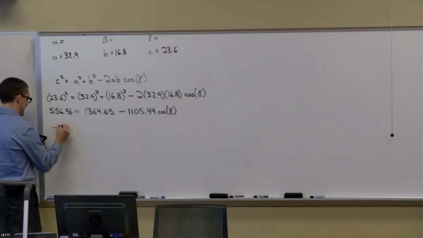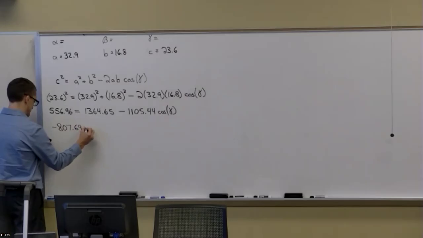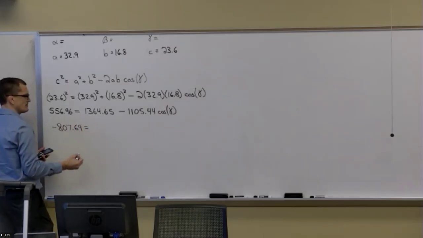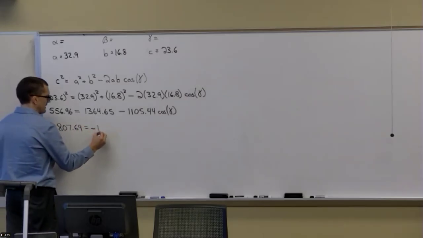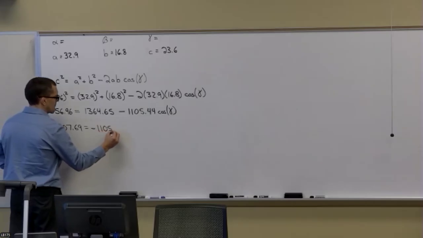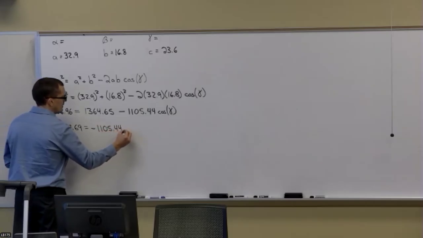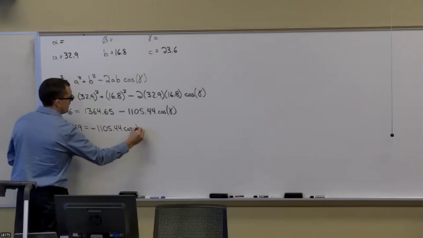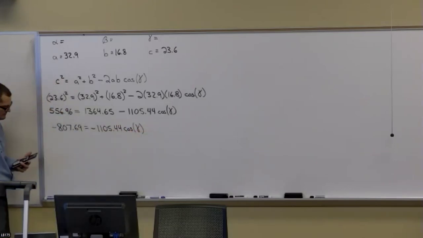That's negative 807.69 is equal to negative 1105.44 times the cosine of gamma. Divide both sides by negative 1105.44.